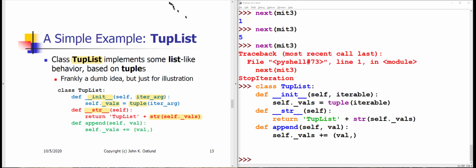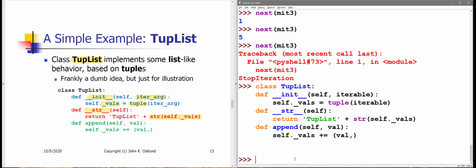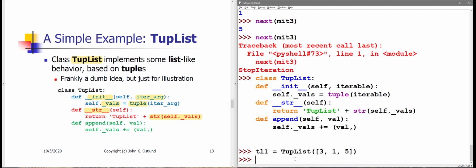So let's see how this goes. I can create a TupList by saying TupList1 gets TupList, and then I'll have an iterable in here. Let me just use a list 3, 1, 5. Okay, and so there is my TupList.